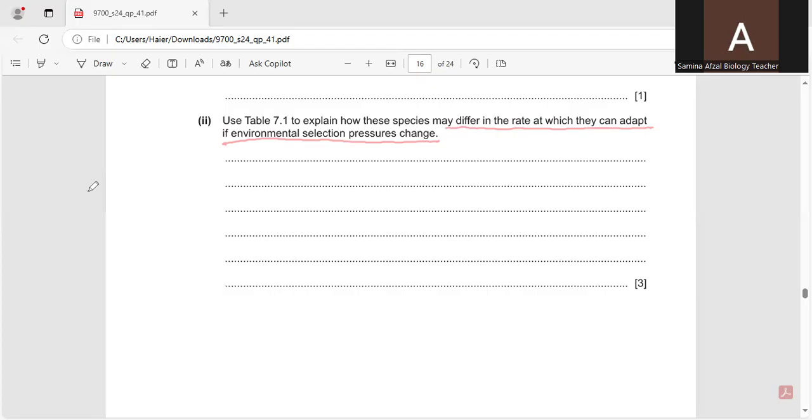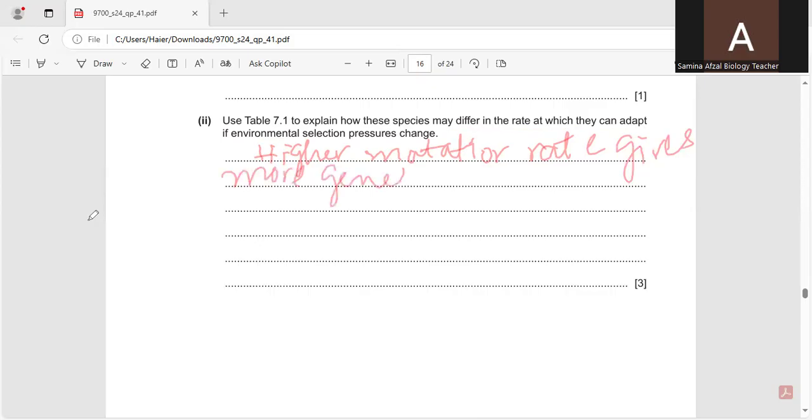So we will write in this way, the higher mutation rate gives more genetic diversity.